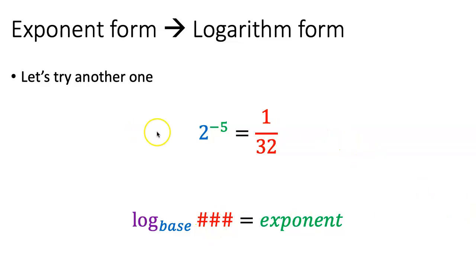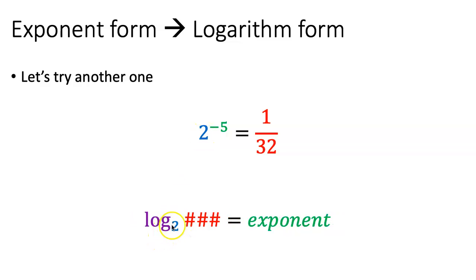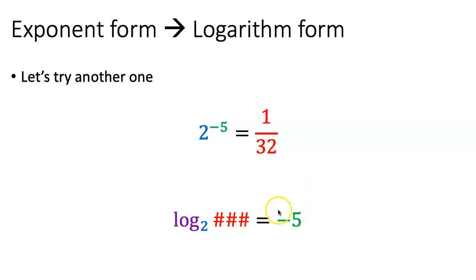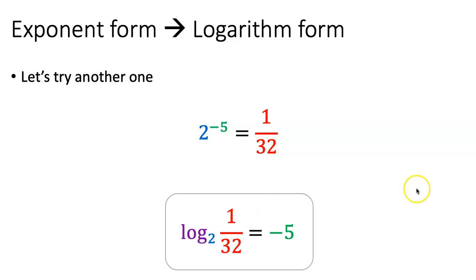Our base is 2. So I'll put it here, again, a little lower than everything else. Our exponent is negative 5. That's what the output of a logarithm is. And then 2 to the negative 5th power is 1 over 32. That's going to go there. So log base 2 of 1 over 32 equals negative 5.